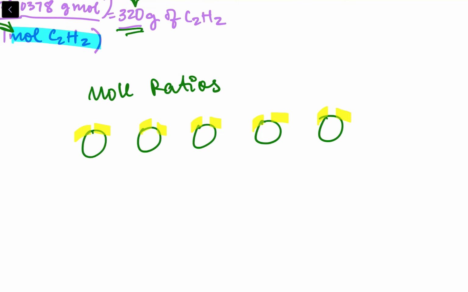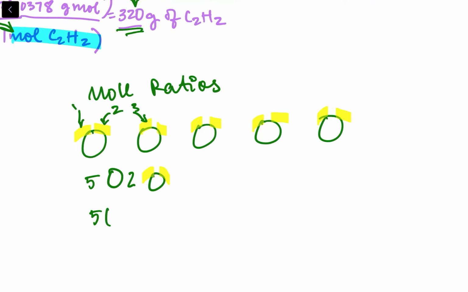So if I'm trying to calculate the number of pigtails on all of these circles, instead of going in and counting 1, 2, 3, that's too time consuming, especially in chemistry when it comes to atoms and we can't even see the atoms. So when it comes to chemistry, we simply use ratios. We have 5 circles, and 2 pigtails per circle.